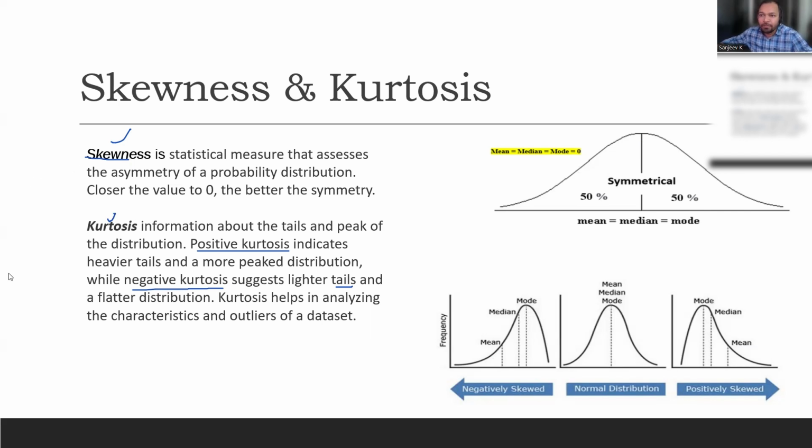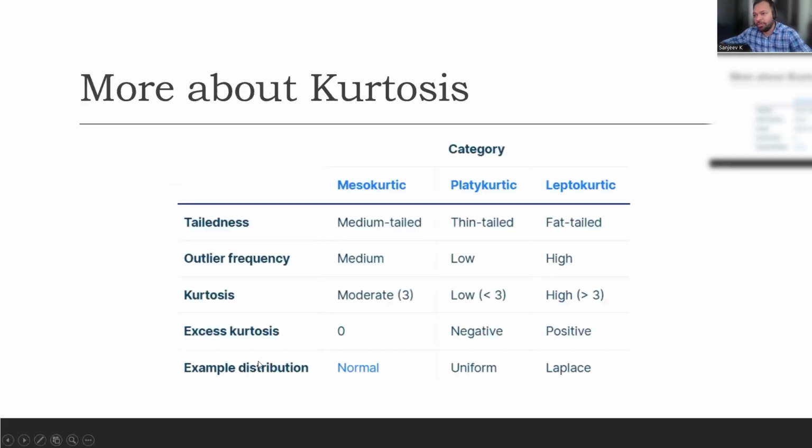Okay. So in kurtosis, you have three categories: mesokurtic, platykurtic, and leptokurtic. When you have a moderate value, you say it is mesokurtic. When you have a very low value, it is platykurtic, and a very high value, it is leptokurtic.